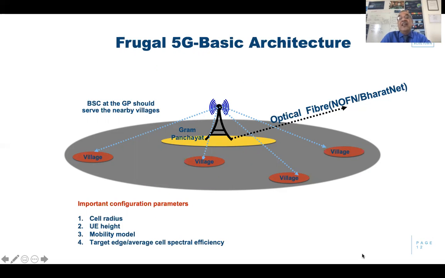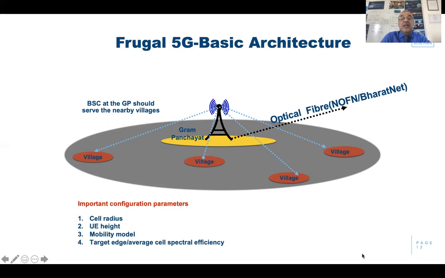In India, there is already a big government program called BharatNet, which is bringing fiber to each and every village, and that will work as a backhaul for frugal 5G also. Then you set up a tower there with a BSC. Important configuration parameters will be cell radius, which has to be quite large, and UE height also.